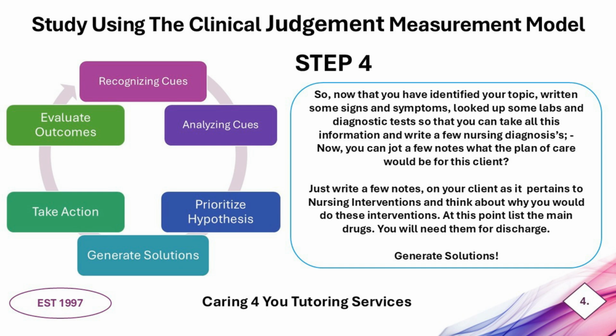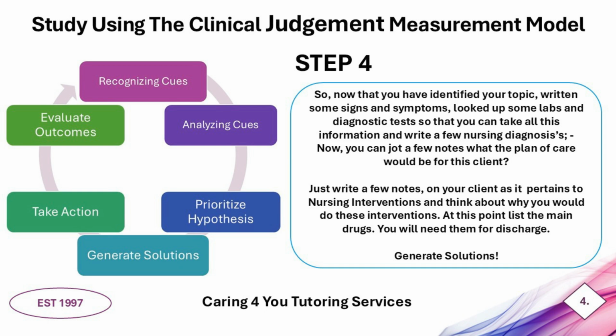Don't forget, guys, you also want to think about the nursing interventions that you might do for the medications your client takes should they have an adverse reaction, okay? Because not only are you going to need it for your interventions, but you're also going to need it for discharge evaluation, right? So you take all this into account, and what is this called?